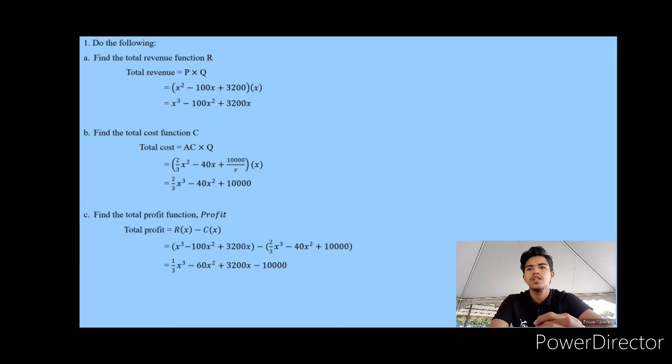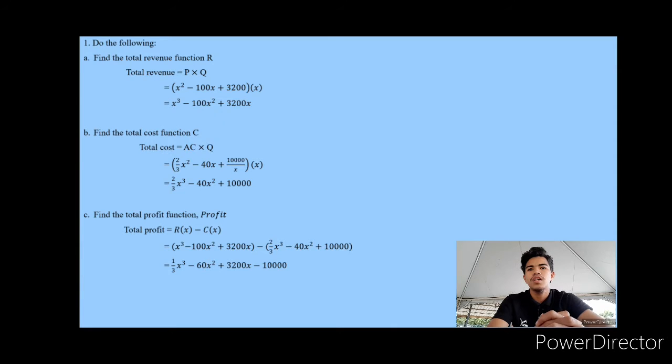Next, for question B, find the total cost function C. To get the total cost, we need to multiply average cost and quantity, that we can get 2/3 x to the power of 3 minus 40x squared plus 10,000.